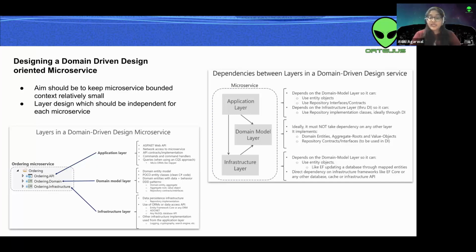The application layer is dependent on both the domain model layer and the infrastructure layer. It has to be dependent on the domain model layer because it is the heart of the software, and the domain model layer needs to know about all the app layers that are implemented in the microservice design.